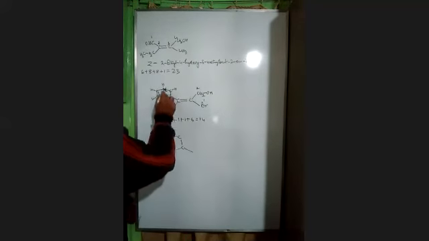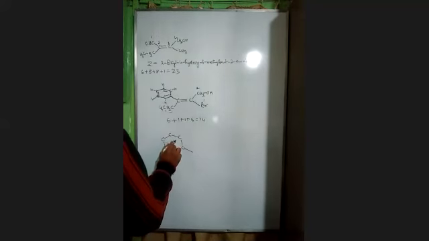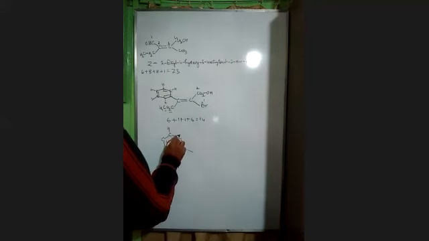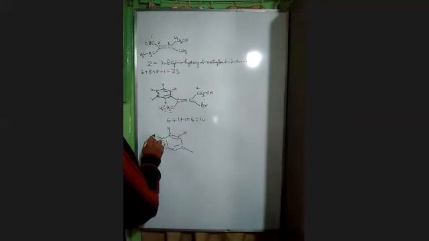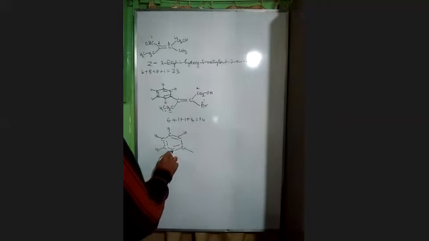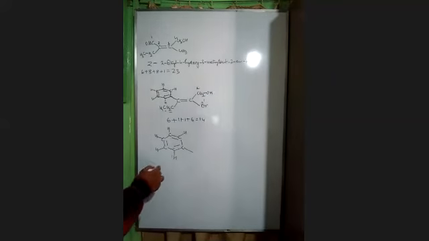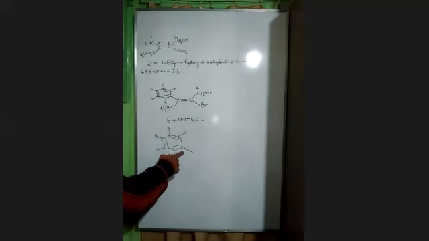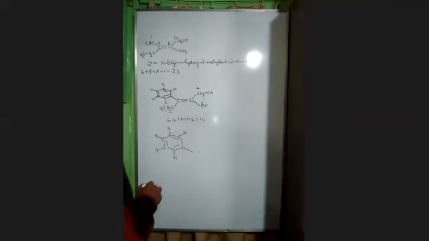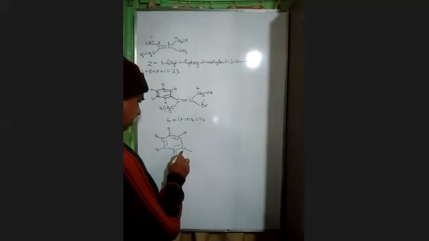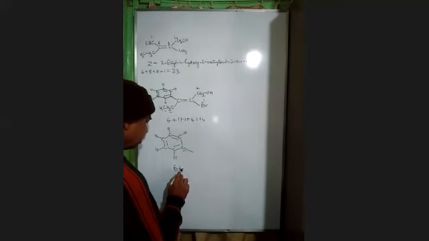This is the one which is there. This carbon is bonded to this carbon through a single bond and bonded to this carbon through a double bond. So what should I write now here? In this case, I'll write for this carbon 6.